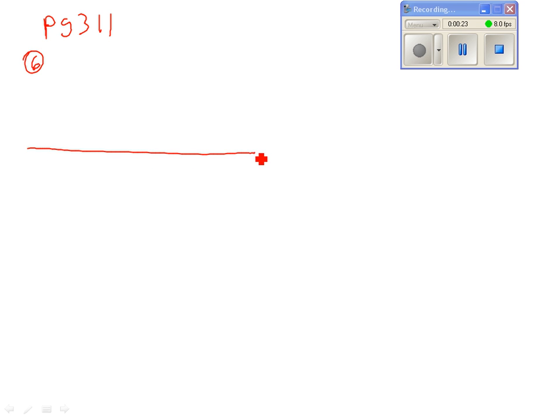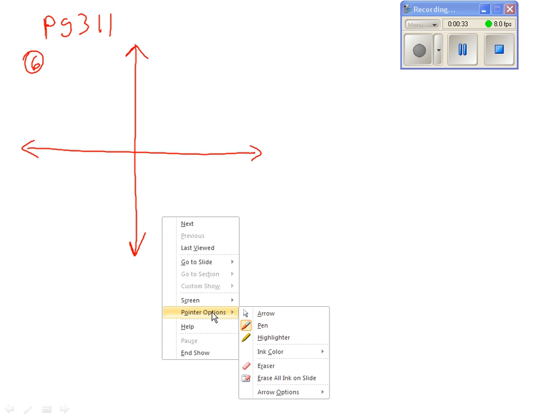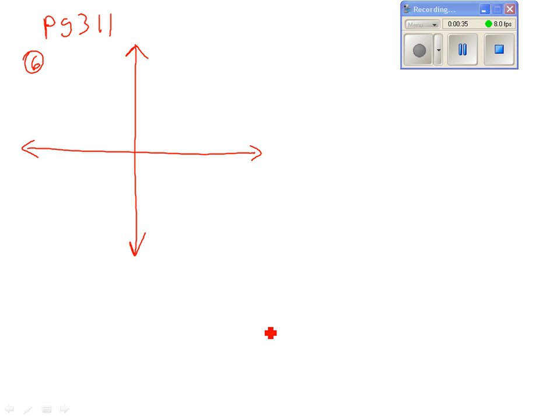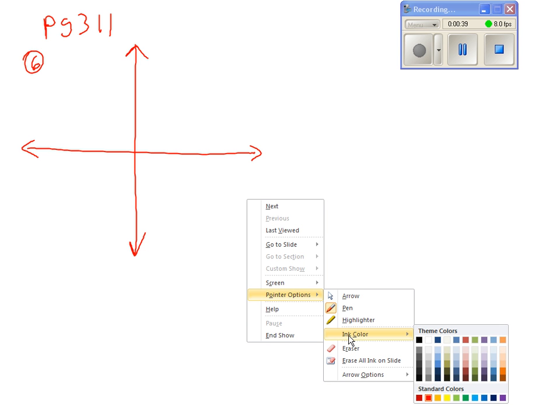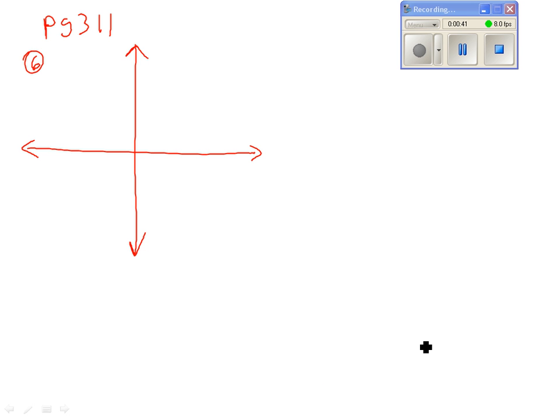So our x-axis, our y-axis, then the triangle. The triangle looks something like this.